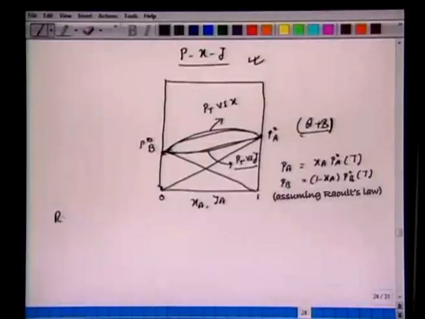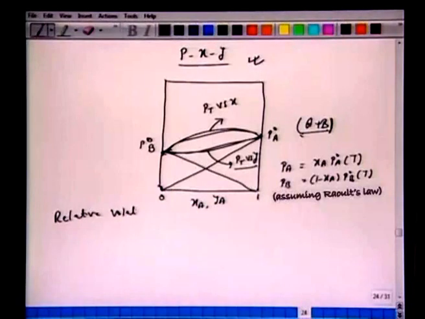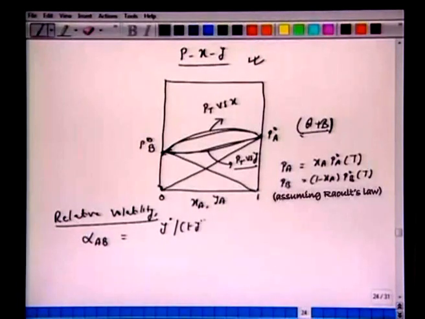So we like to plot this Txy diagram for different volatility as well. So let's define this relative volatility. So relative volatility, the nomenclature used is alpha AB. So relative volatility of A with respect to B is defined as y star over 1 minus y star.